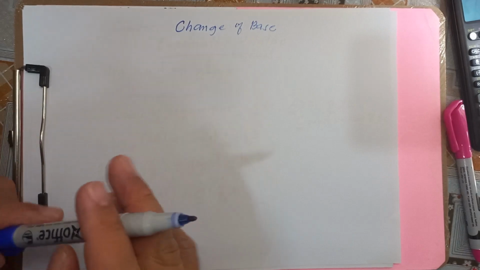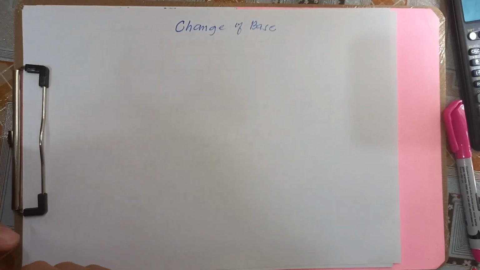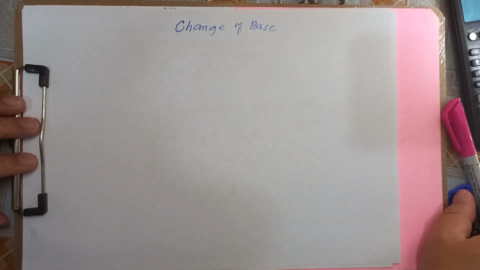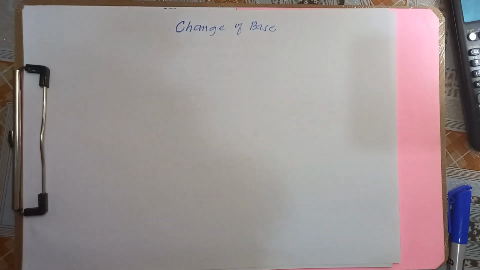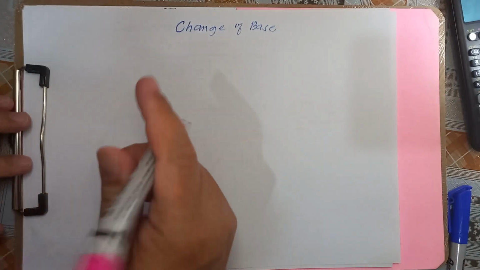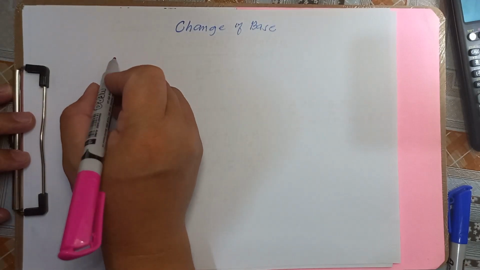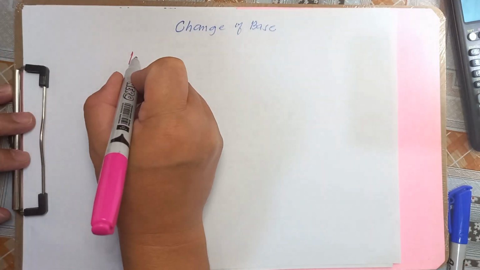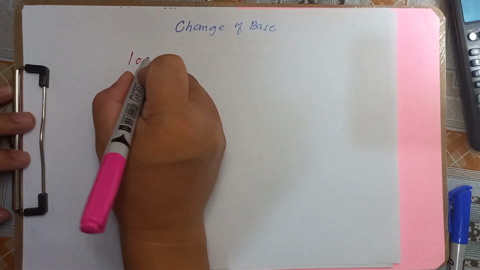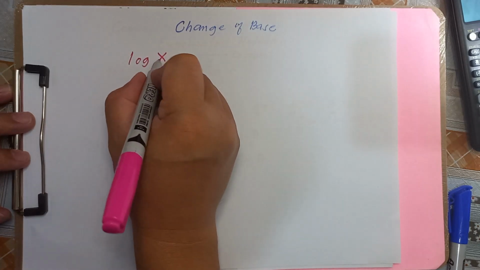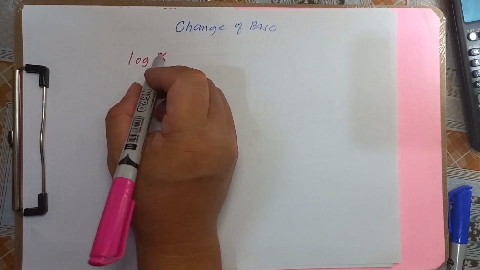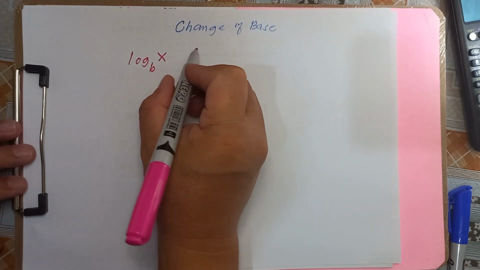Another one we have in logarithm is the change of base. In the change of base, we are given the notation log of x with the base b.